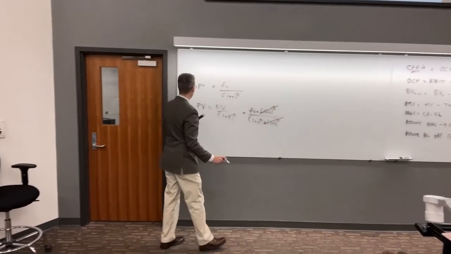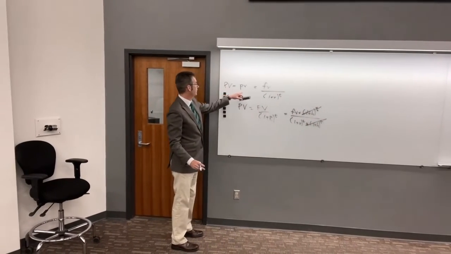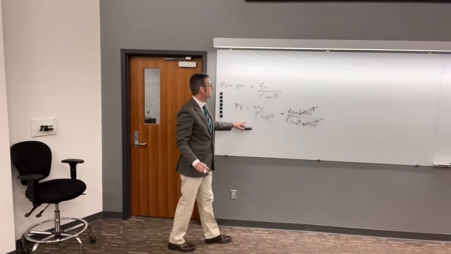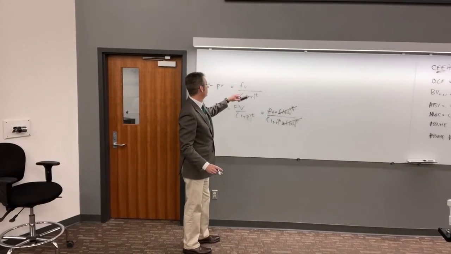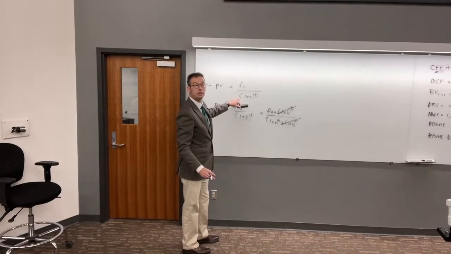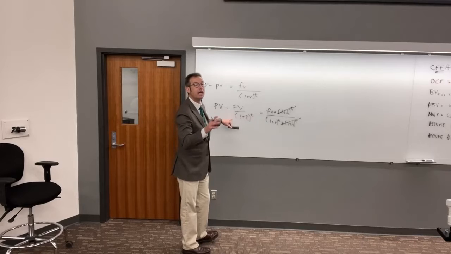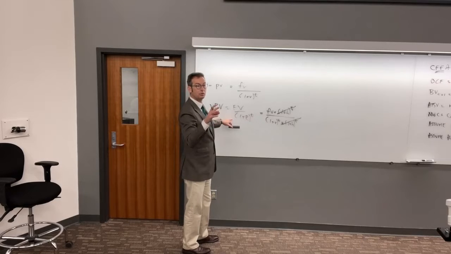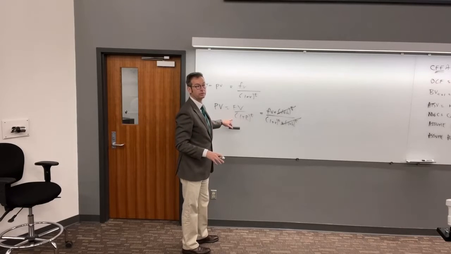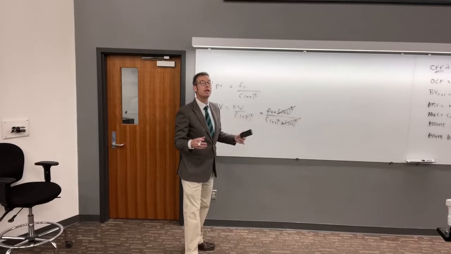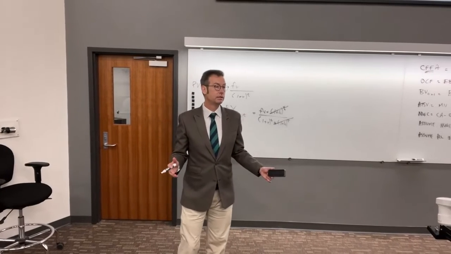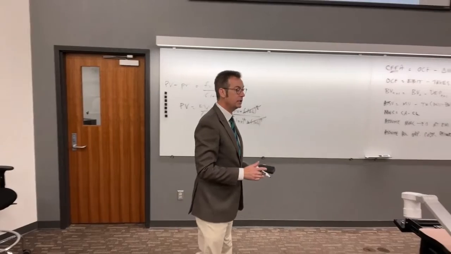And so this PV is exactly the same either way. If I take real numbers and discount them using the real rate, or if I take nominal numbers and discount them using the nominal rate, I get exactly the same present value for those future cash flows. And so I get exactly the same NPV. So that's what you need to know.